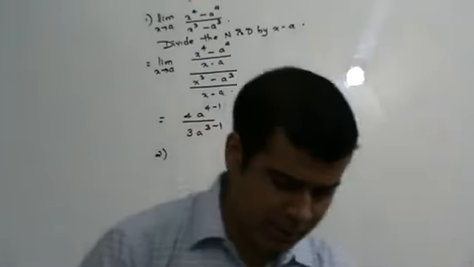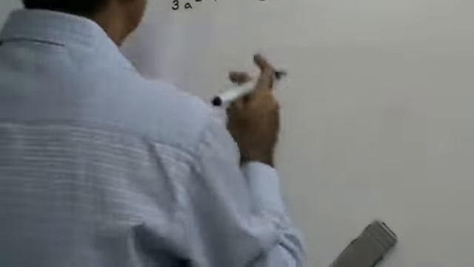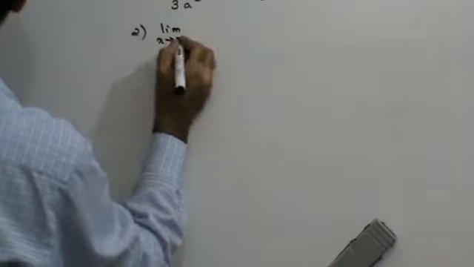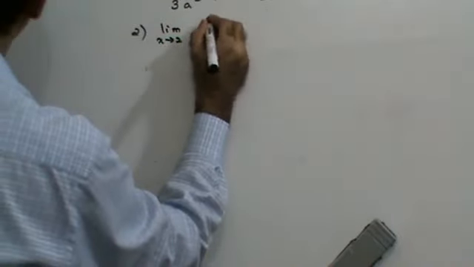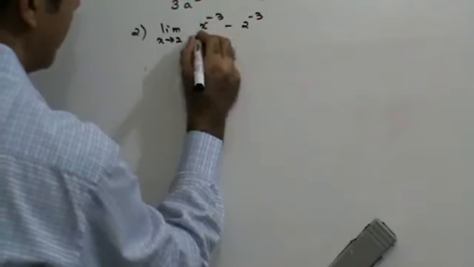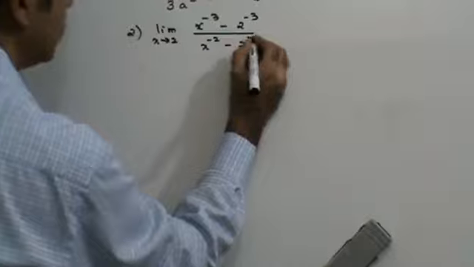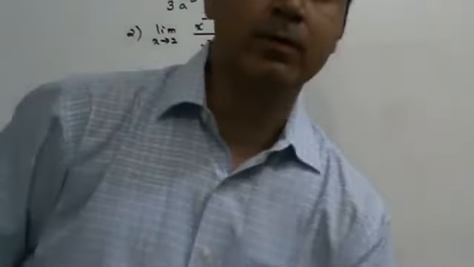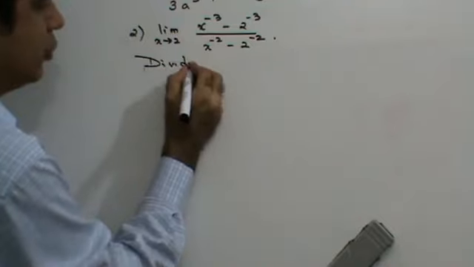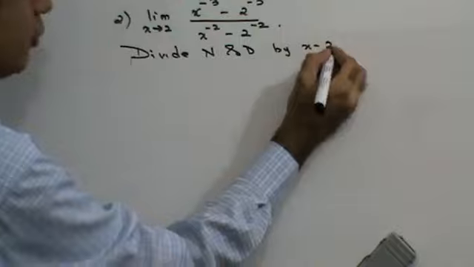Let's see another sum, guys. Limit of x tends to 2, x raised to minus 3 minus 2 raised to minus 3 upon x raised to minus 2 minus 2 raised to minus 2. Now, same thing, divide numerator and denominator by x minus 2.